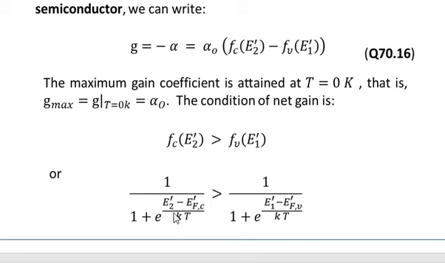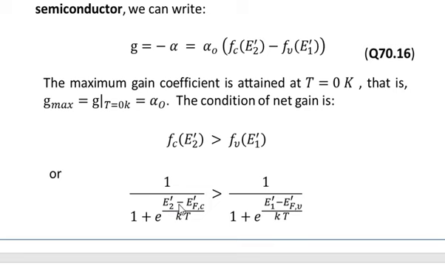But you know that this is greater in the sense that E2 prime minus this quantity is actually a negative quantity, because the E2 level is lying below the E prime Fc level, that is, the E2 level is lying below the quasi-Fermi level in the conduction band. So all E2 prime levels will be occupied.